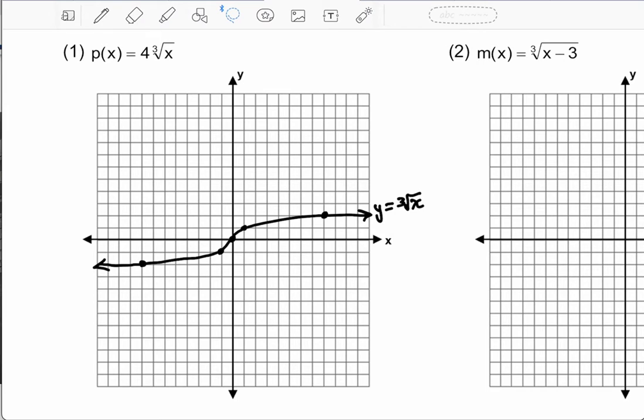Here we have a stretch factor of 4, which means take each of my y values and multiply them by 4. 0's not going anywhere, but 1 goes to 4, 2 goes to 8, -1 goes to -2, -2 goes to -8.